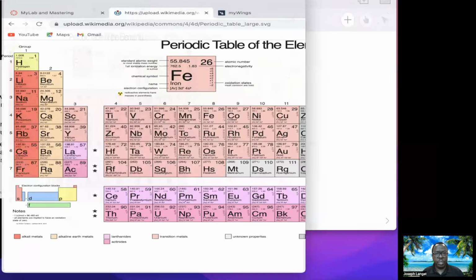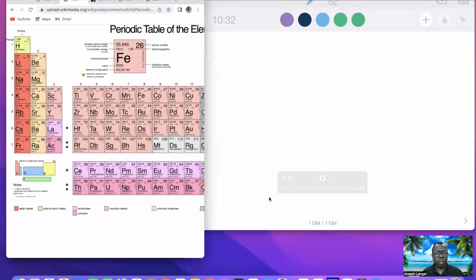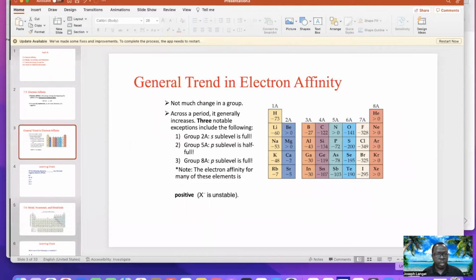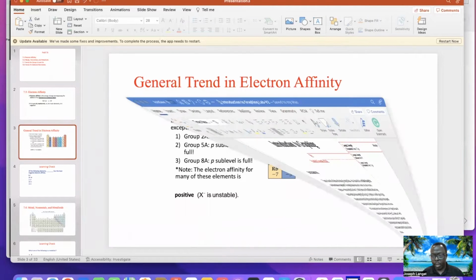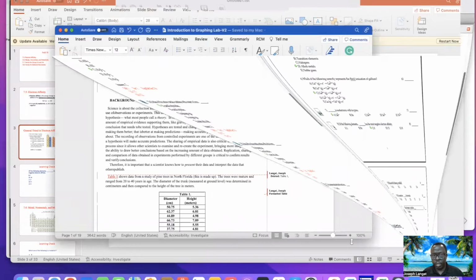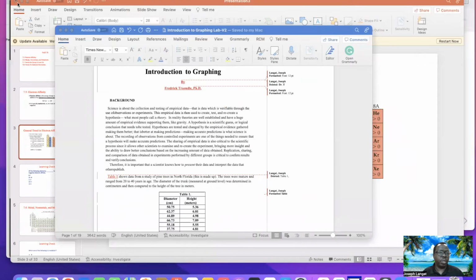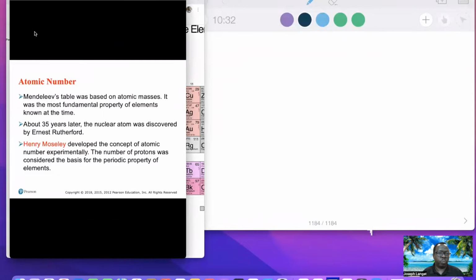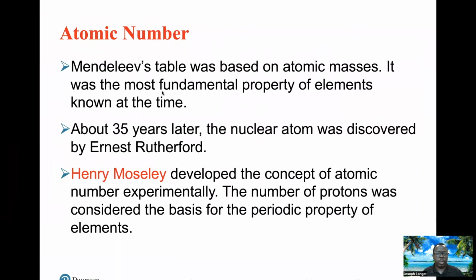The modern periodic table is based on the arrangement according to increase in atomic number. And how did we end up with that? Atomic number is the position of elements on the periodic table. I just want to show you the atomic number and how we ended up with that.